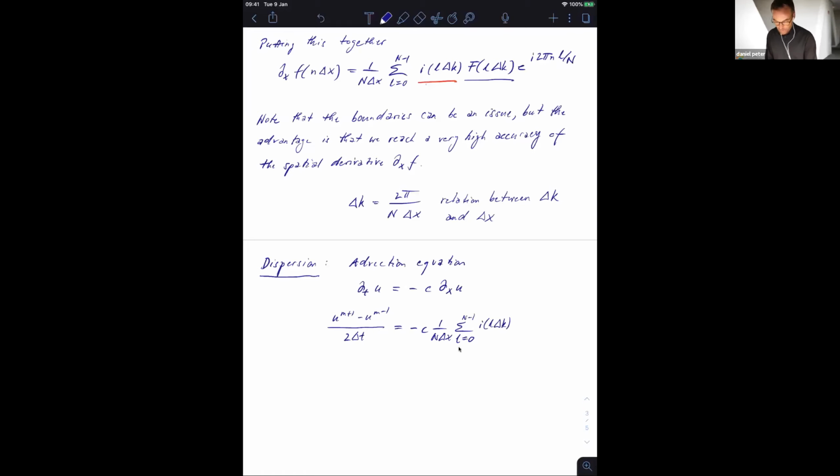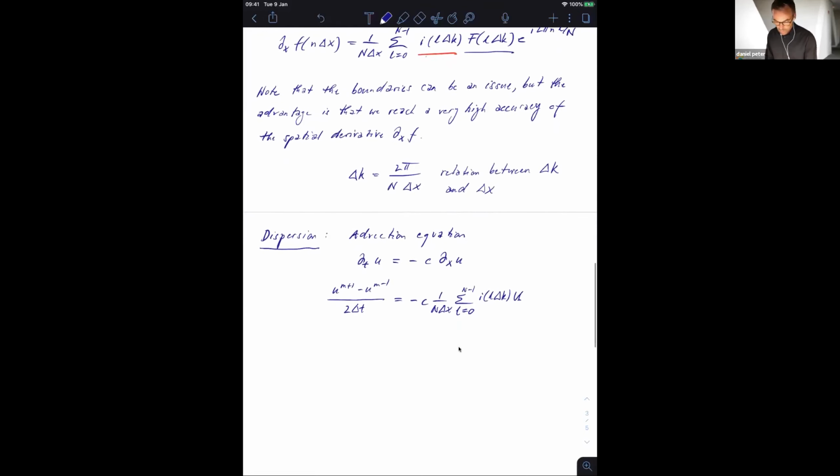times i L delta k. And then we can write this capital U as the wave number domain function at time m at position L delta k times this exponential factor 2 pi n L over n.